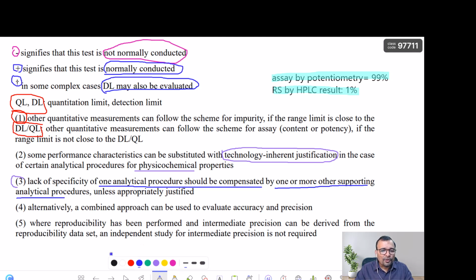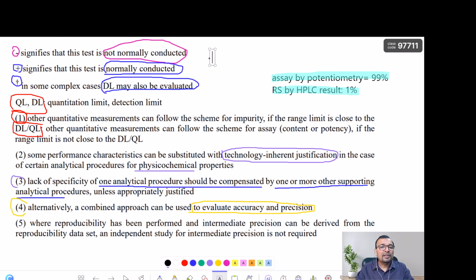The point number 4 is also very useful and important. And what this says, alternatively, a combined approach can be used to evaluate accuracy and precision. So accuracy and precision can be evaluated as a single experiment. You need not perform precision as a separate experiment and accuracy as a separate experiment. And that has been part of the guideline as well.